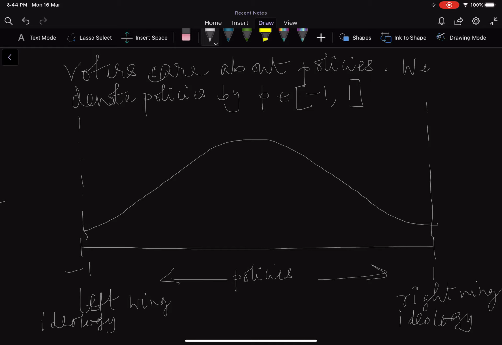So this is the distribution of favorite policies of voters, okay.